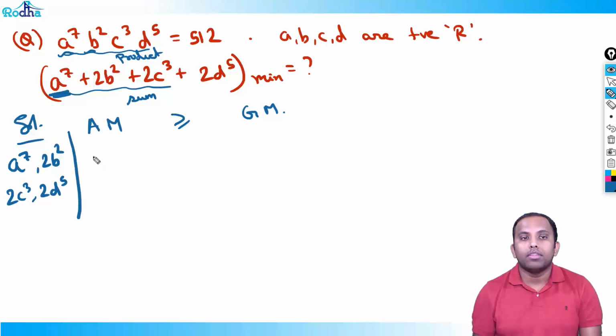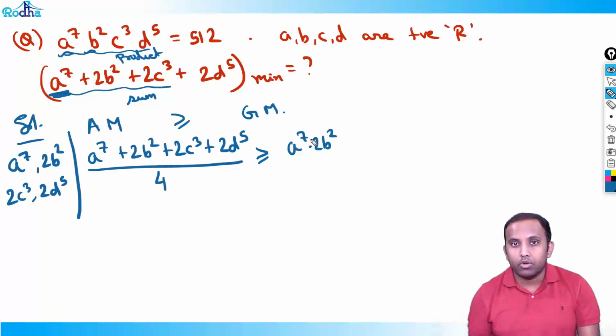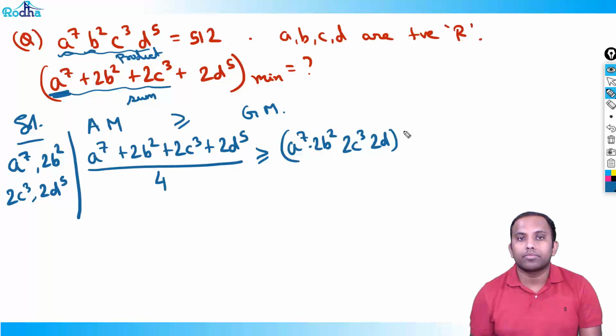What is their AM? Their AM is A to the 7 plus 2B square plus 2C cube plus 2D raised to 5, divided by 4. What is their GM? GM is A to the 7 into 2B square into 2C cube into 2D raised to 5, the whole raised to 1 by 4, because there are 4 terms.